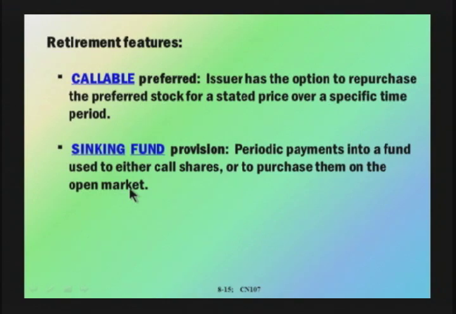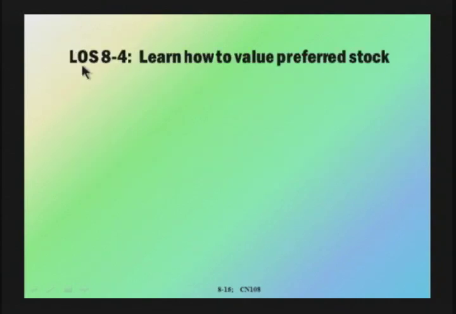So that would set a life on the entire issue of 10 years. After the first year they buy back 10%, after the second year they buy back another 10%, and so on until they've repurchased all that stock over 10 years. So that will certainly set a finite life on that preferred stock. So that's 2 reasons why the preferred stock may not stay outstanding forever.